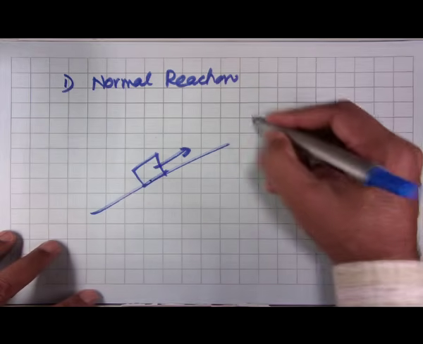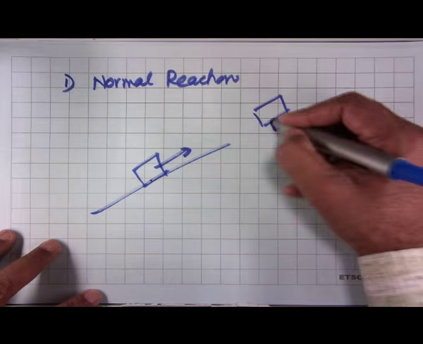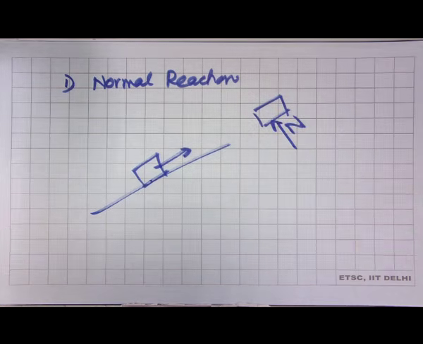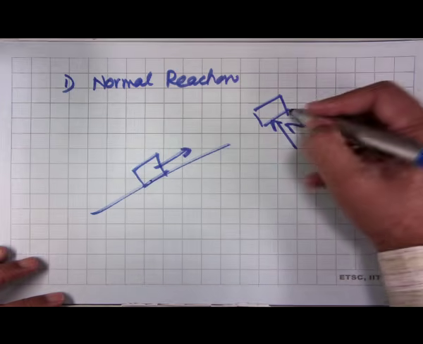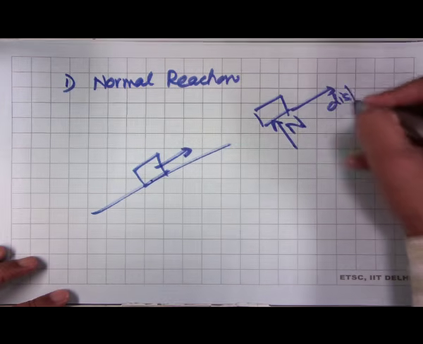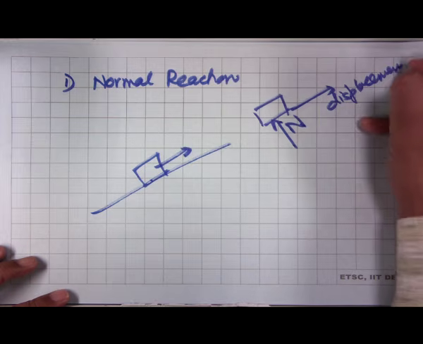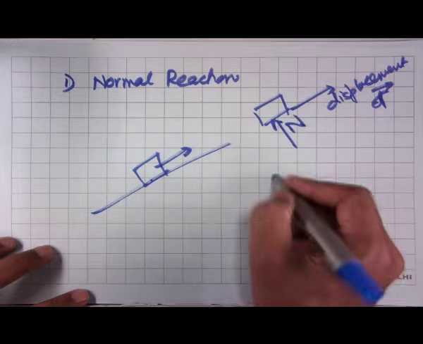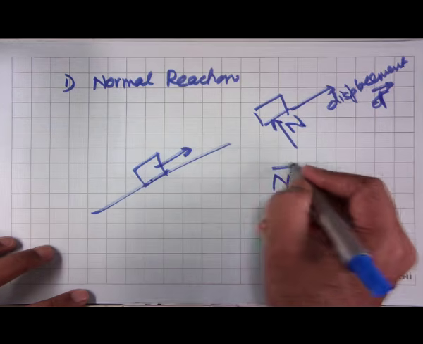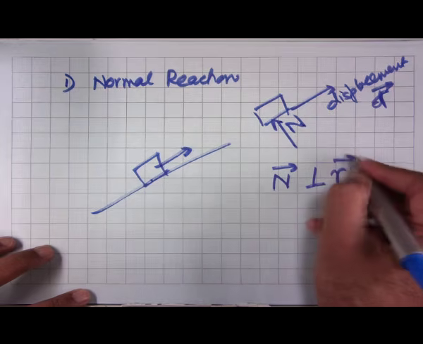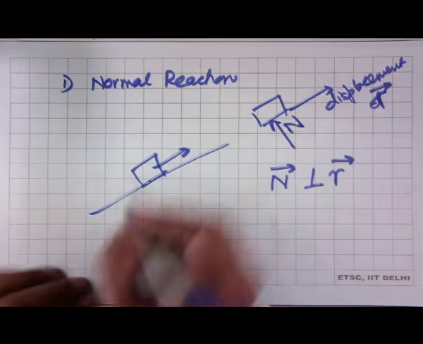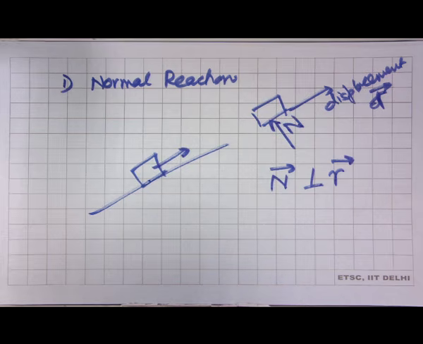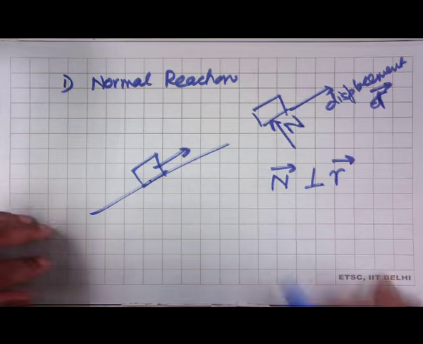Then on this block, when we draw the free body diagram, the normal reaction acts perpendicular to the surface, and this is the displacement direction. Let us call it r. Because N, the normal reaction, is perpendicular to r, it will not do any work. So, this may often happen.